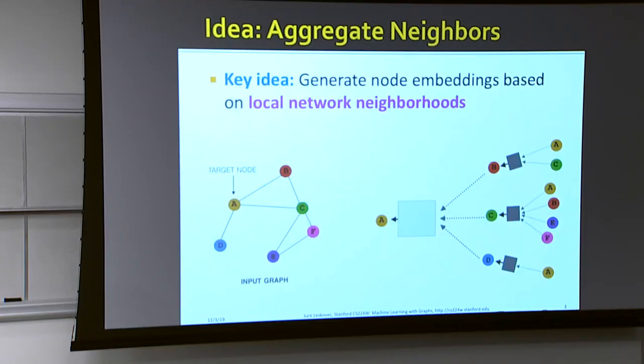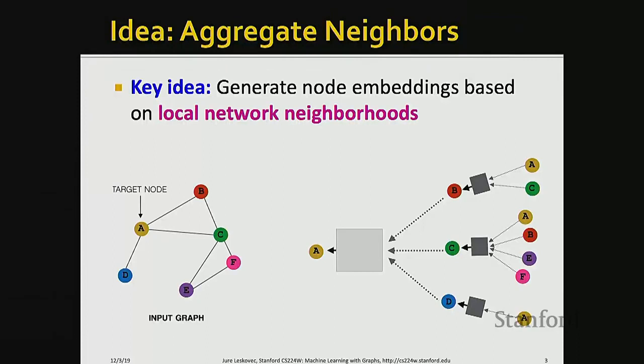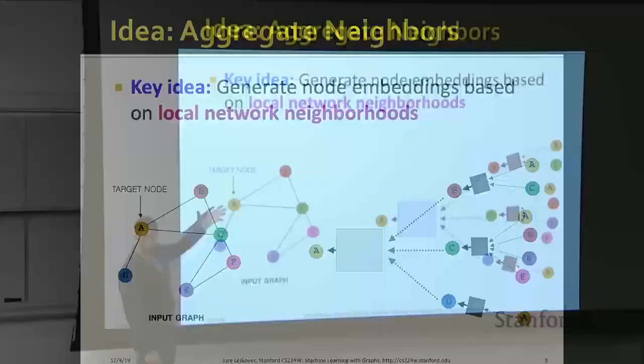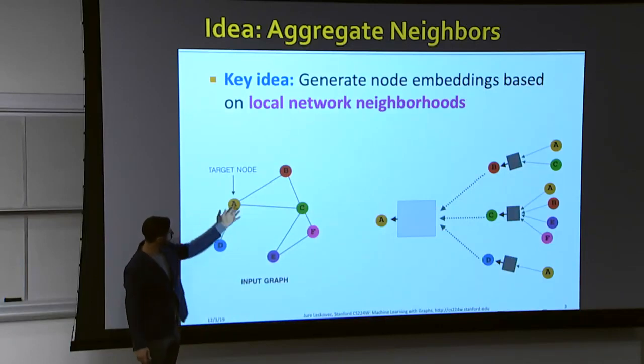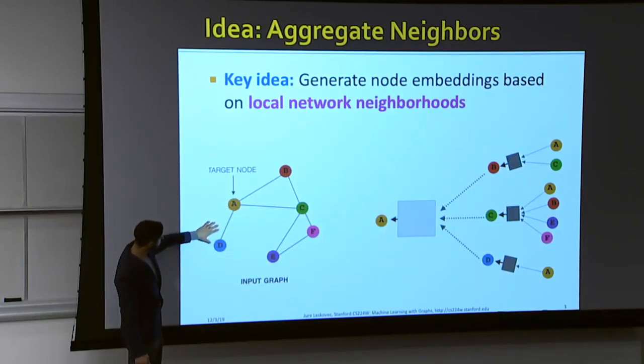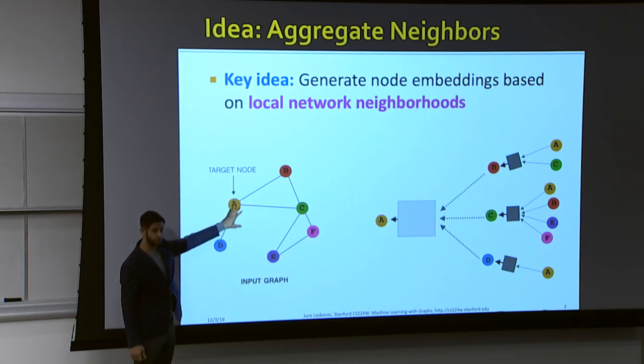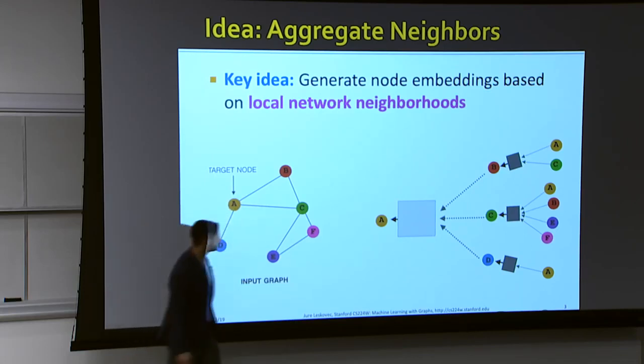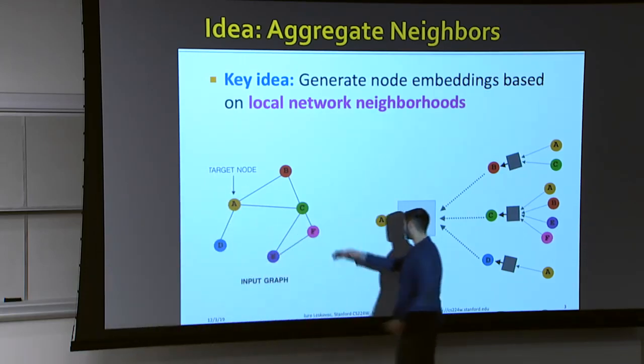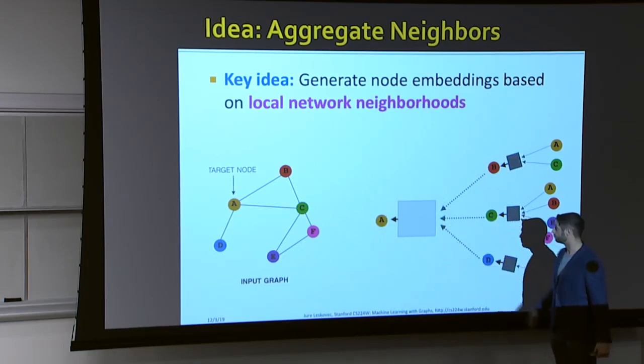How did we do this? So one of the key ideas is that we generate our node embeddings based on the local network neighborhoods. Okay? So say A is our target node, and ideally the kind of information that A has is not only its node features, but also the features of the nodes that are nearby it. So the idea is that we move from this graph representation to something that we call the computation graph.